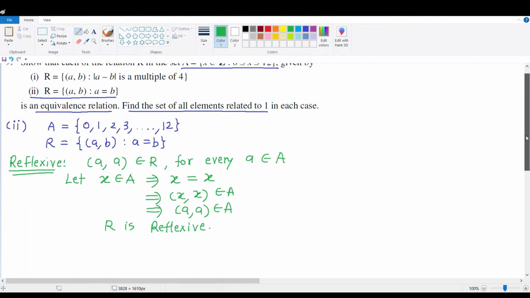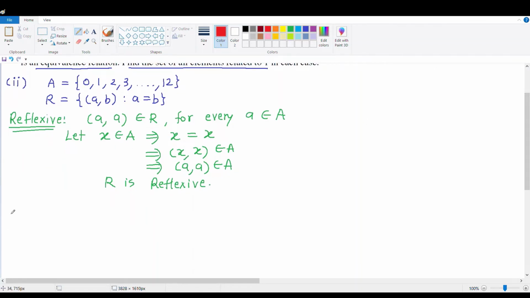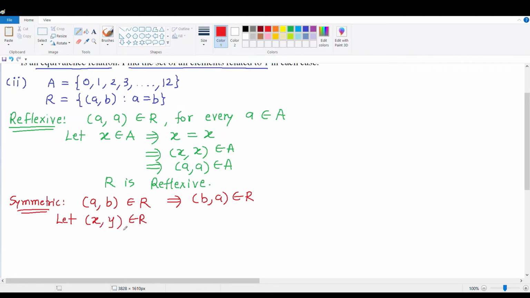Now we are going to start working on symmetric. The definition of symmetric is that if (a, b) belongs to R, then you must have (b, a) belongs to R. For this, let (x, y) belong to R. Now if (x, y) belongs to R, that means x must be equal to y.